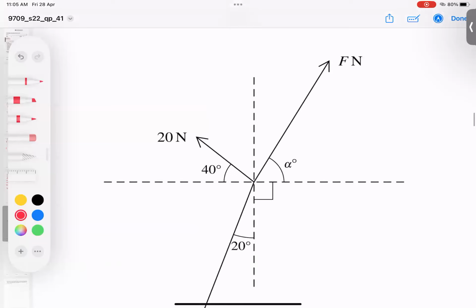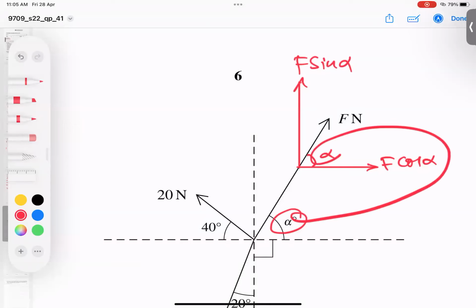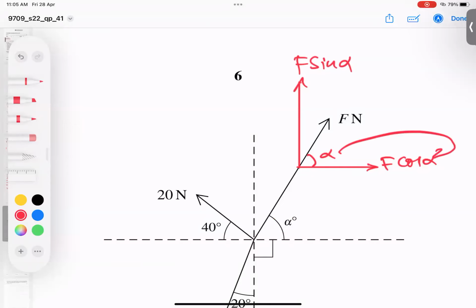First of all, resolving forces. One force is acting parallel to the x-axis and this is acting parallel to the y-axis because of alpha. So this becomes F cos alpha and this becomes F sin alpha. Make sure, when the angle is given, use cos; when the angle is not given, use sine. There's a rule.